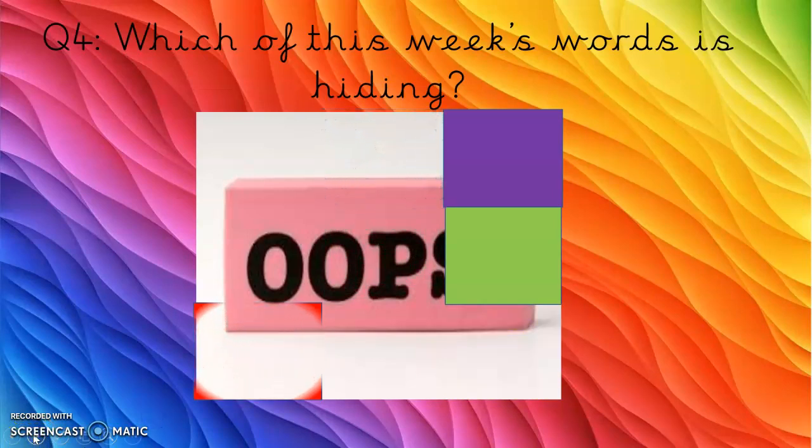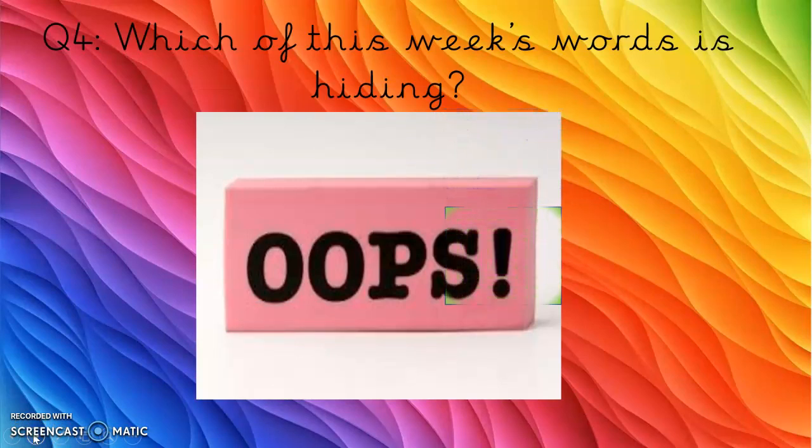The sign says, oops, I accidentally fell over. Accidentally. Can you write it? Don't forget, pause the video if you're not sure. It's a long word. And there it is. Accidentally. Great job if you got 4 out of 4.